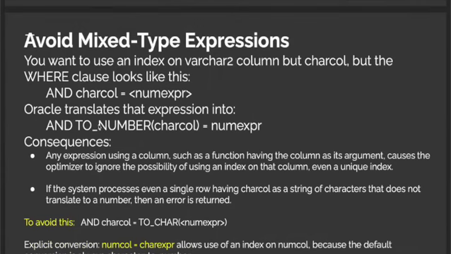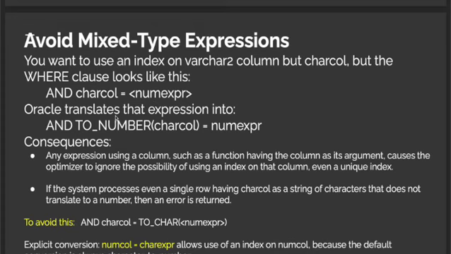Avoid mixed type expressions and beware of implicit type conversions. When you want to use an index on the VARCHAR2 column, for example this char column name, but the where clause looks like this, where char column equals number expression. For example, the variable you are giving is a number.